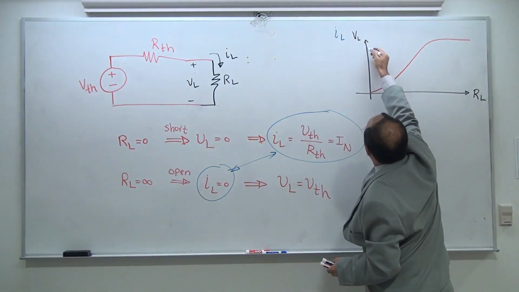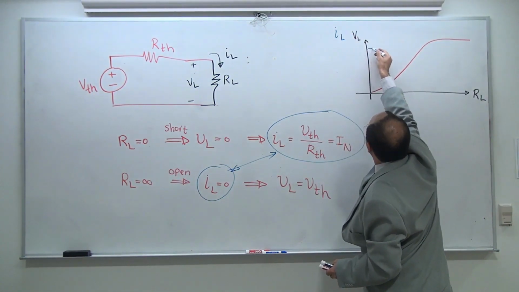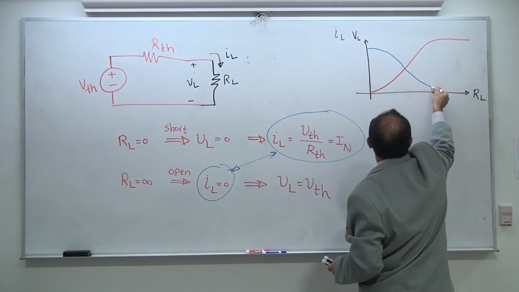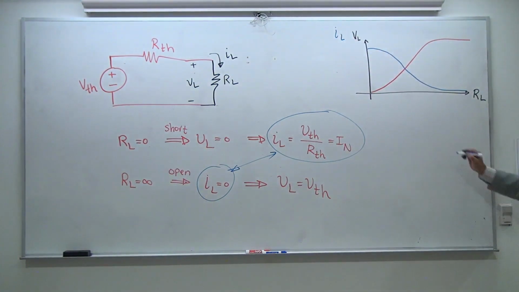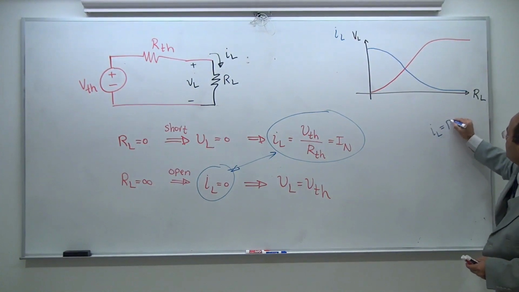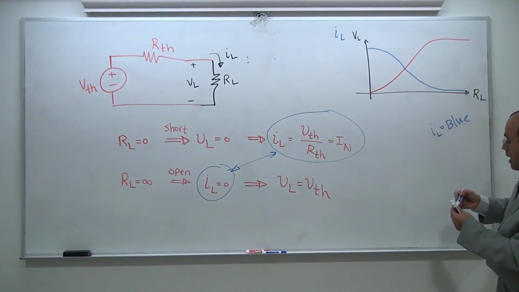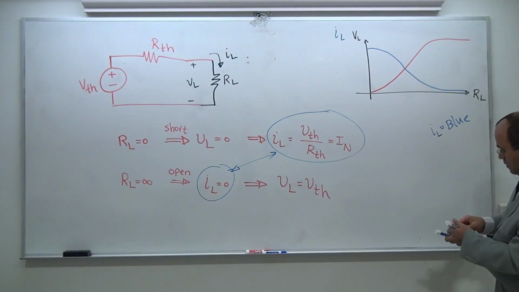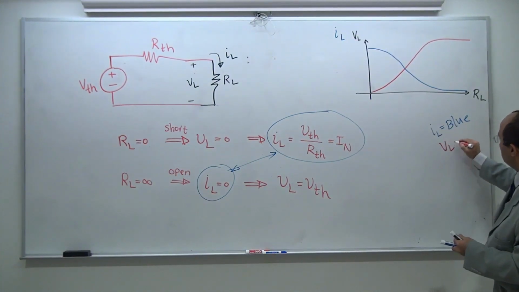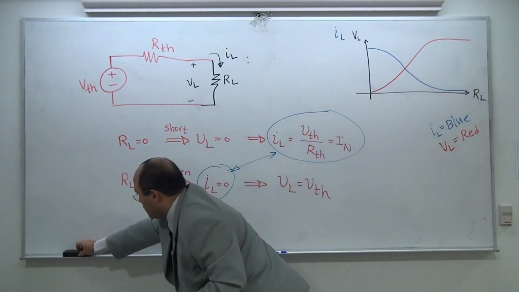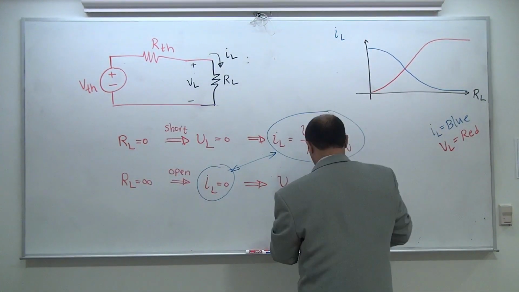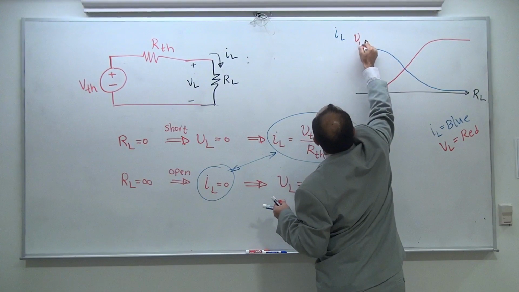Obviously the maximum current comes in and eventually dies down, goes like this. IL blue and VL red. Okay, let's change this color please. VL.